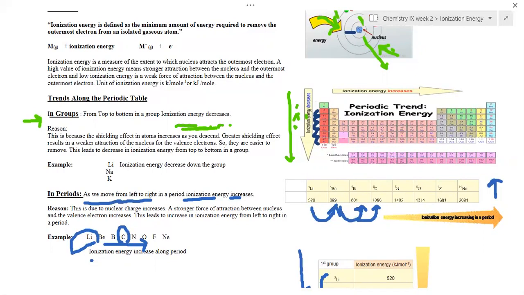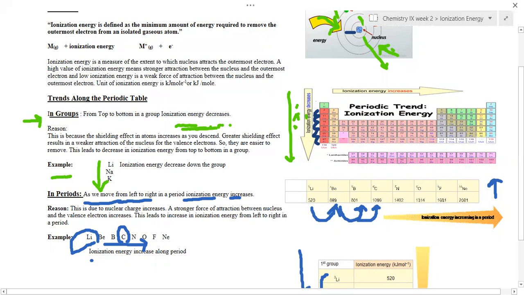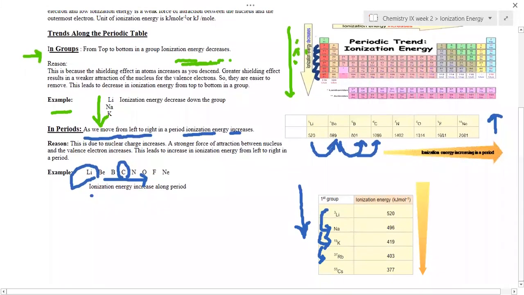The reason is that the greater the shielding effect, the more the nuclear pull decreases, and it means you can remove that electron easily. Let's have an example of lithium, sodium, potassium. The ionization energy is decreasing down the group. Lithium has only 520.